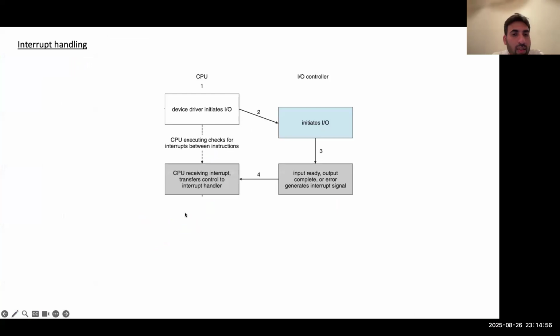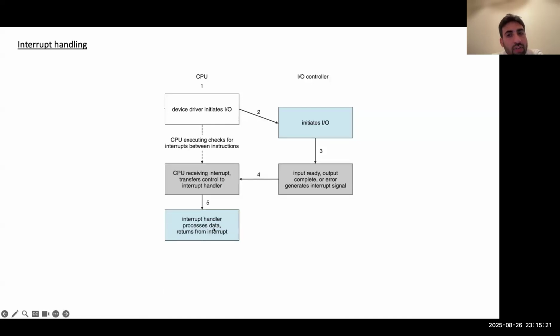So here, when the CPU receives the interrupt, it transfers control to the interrupt handler, which is also known as the interrupt service routine. Actually, the interrupt handler will invoke the interrupt service routine, but at the end of the day, the interrupt service routine will be invoked, right? Then the interrupt handler will process the data.